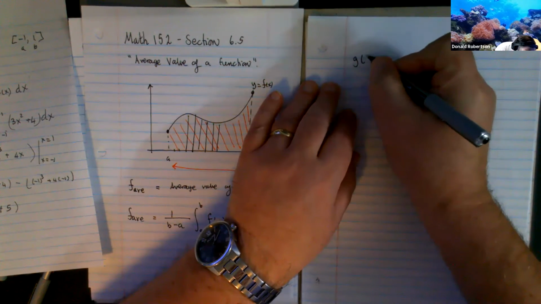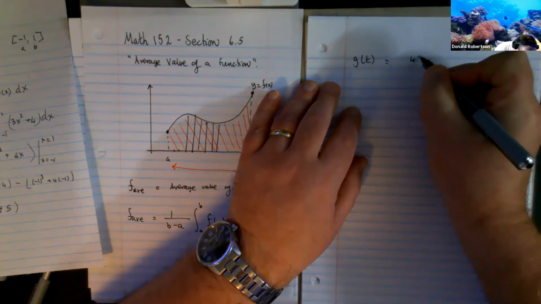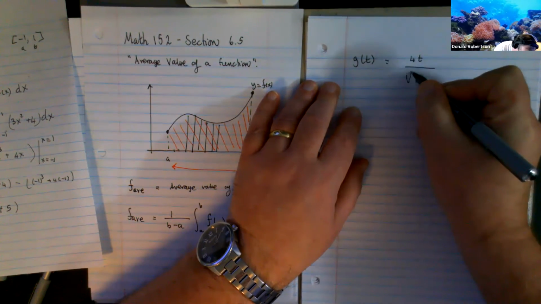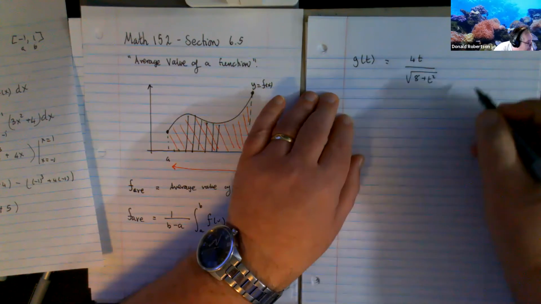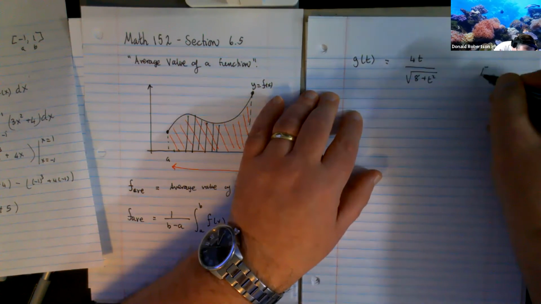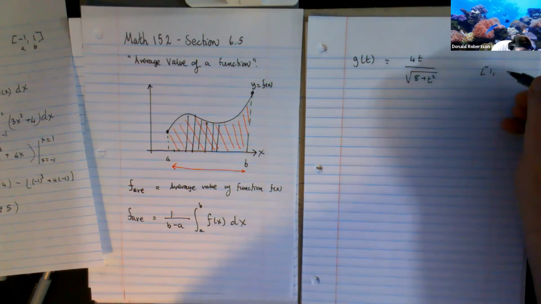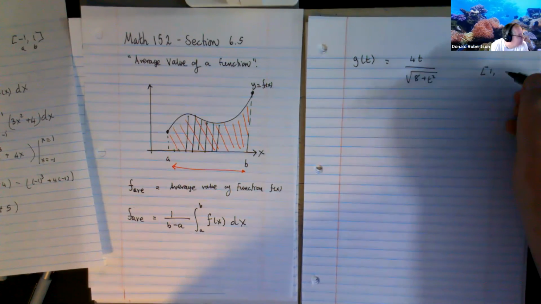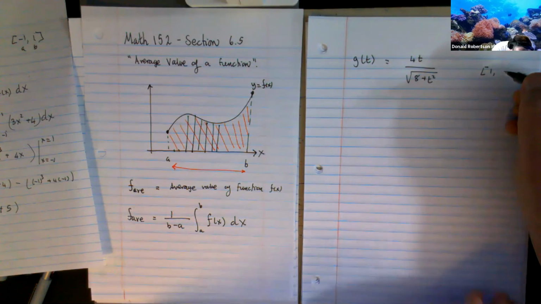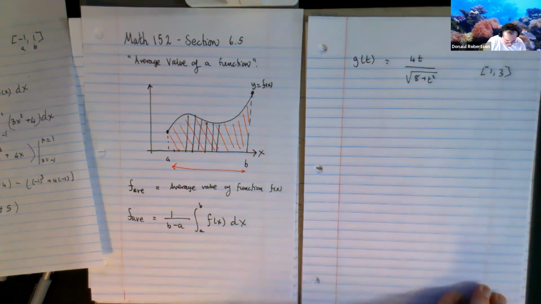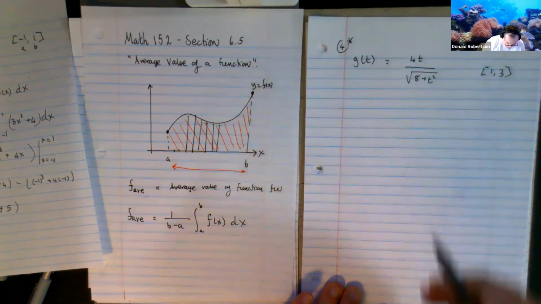Going to call the function g of t, and it's going to be 4t over the square root of 8 plus t squared. And t is going to go from 1 to 3. This is kind of like question 4.